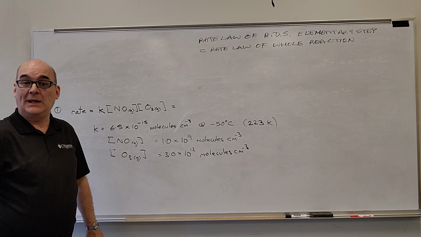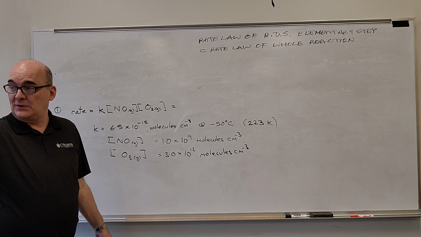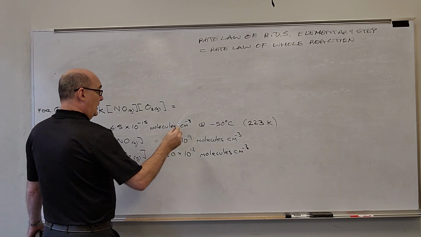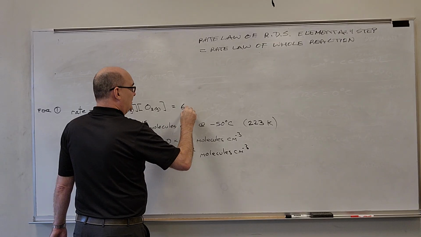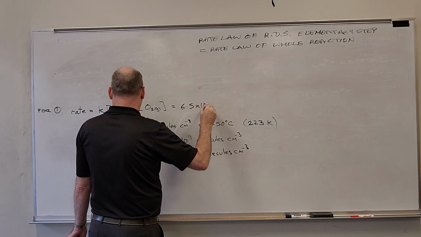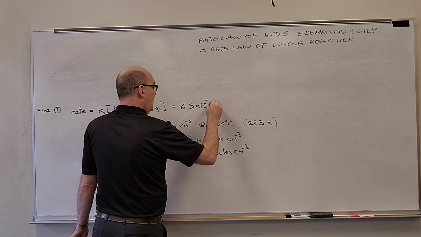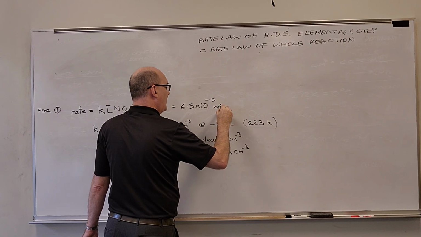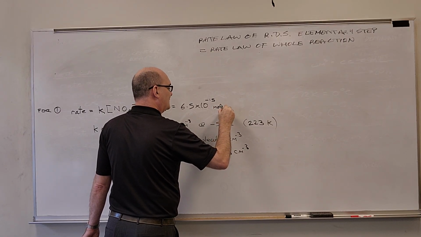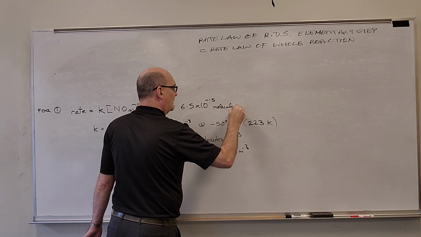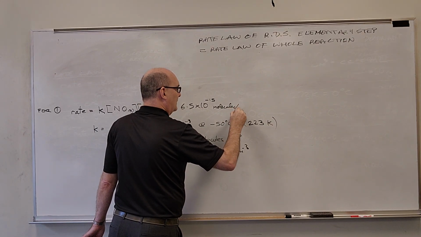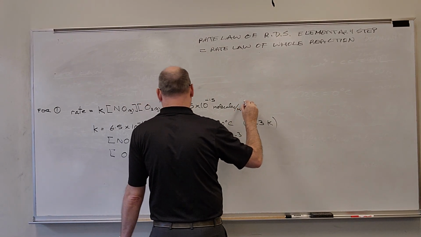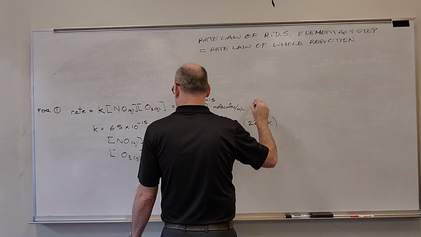They don't write it out like we would want to see a calculation with the numbers stacked on top of each other. So this just gets to be 6.5 times 10 to the negative 15. I can't call it moles, because that means moles. Molecules per milliliter.